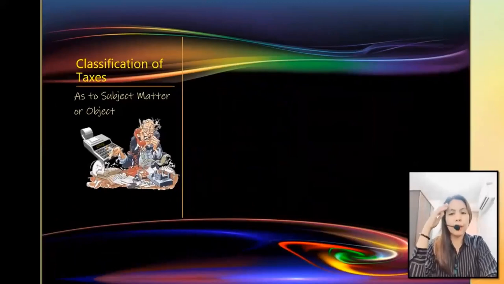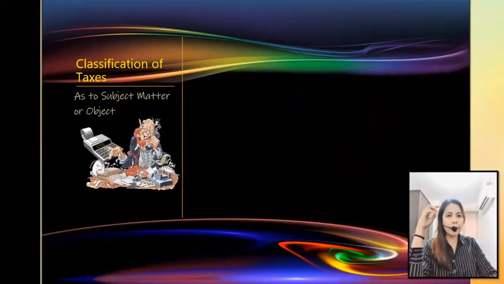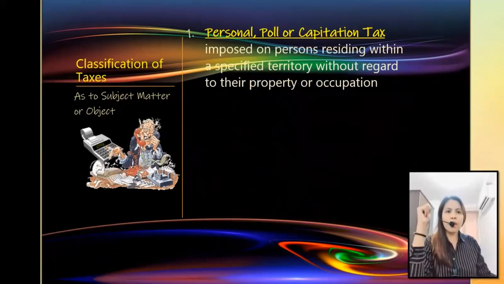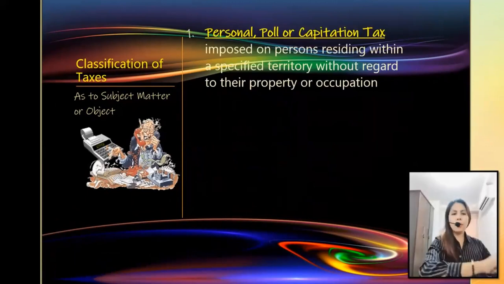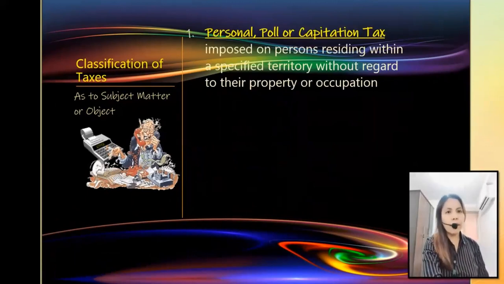Classification of taxes. As to subject matter, taxes may either be personal, poll or capitation tax, property tax, or excise or privilege tax. Personal, poll, or capitation tax is imposed on persons residing within a specified territory without regard to their property or occupation.